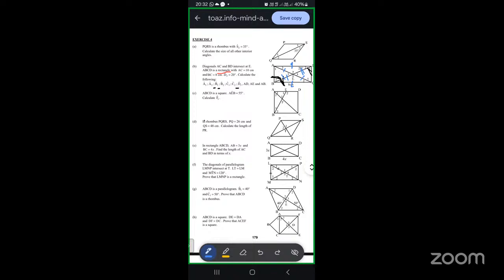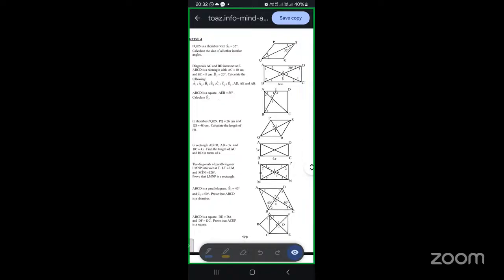That triangle, this is my D, maybe it was hidden. I said ADE is congruent to BEC. Do you guys agree to that statement? Sir, can you please repeat the triangle name? Yes, I said ADE is congruent to BEC.